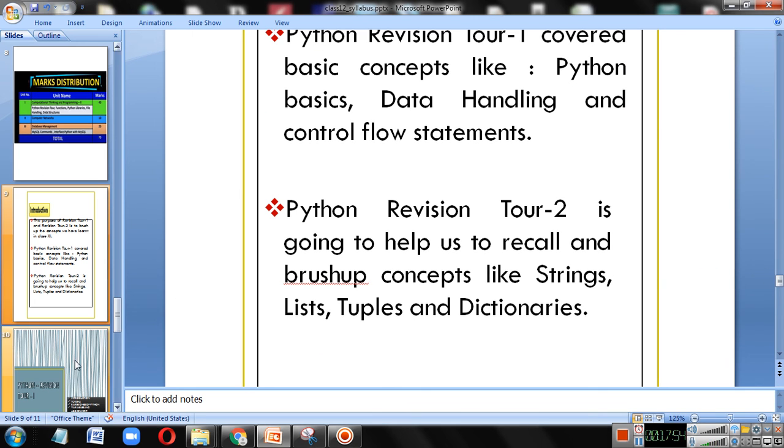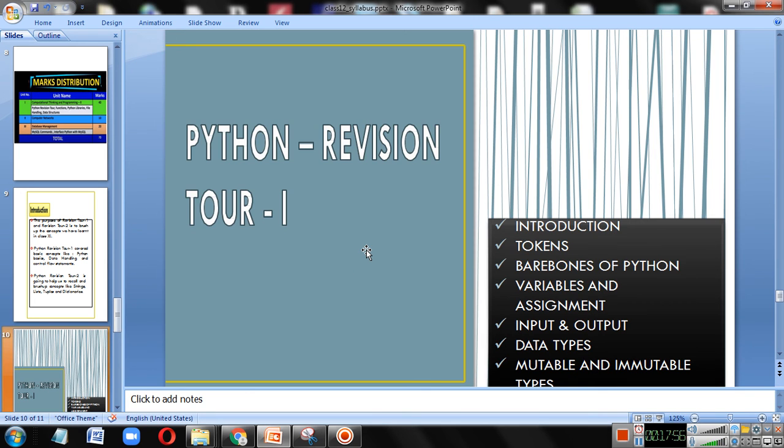Now in detail, in revision tour 1 we will see the introduction, tokens, structure of a Python program, variables and assignment, input and output, data types, mutable and immutable types.